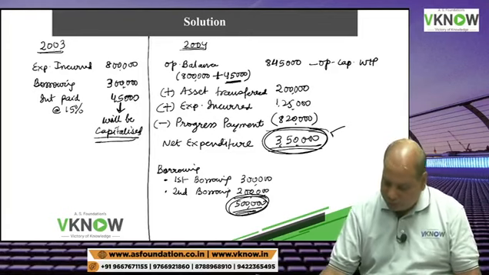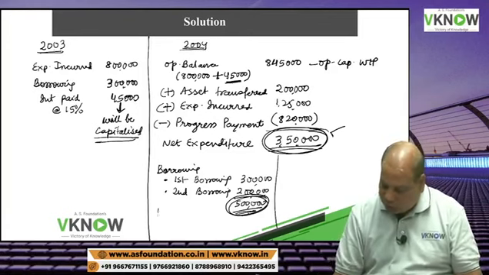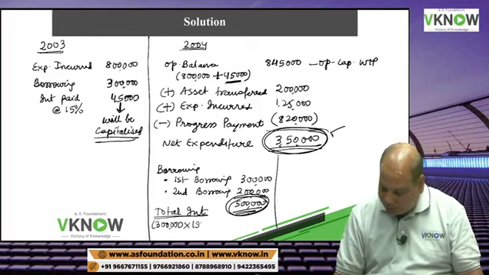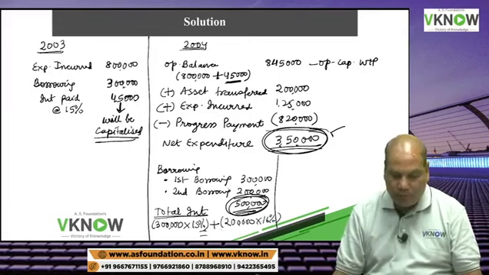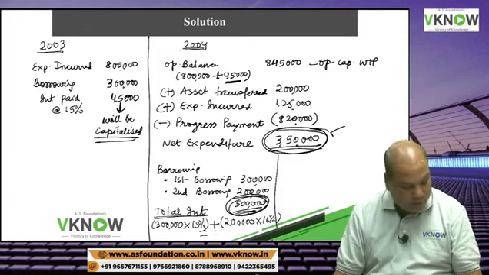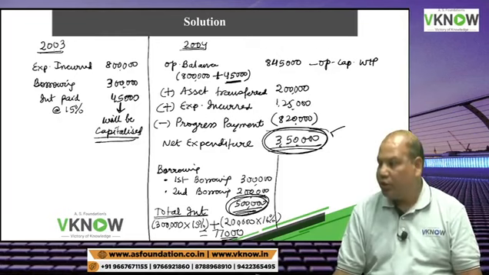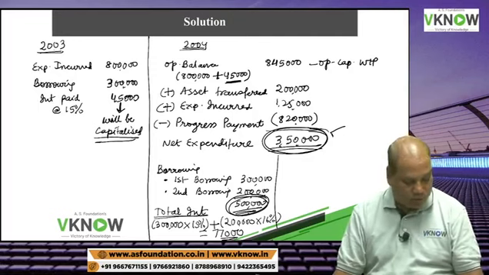So what will that be? First you calculate the total interest. Total interest will be on 3 lakh at 15% plus on 2 lakh at 16%. So somebody will give me the answer. Total interest spent is 77,000 rupees.